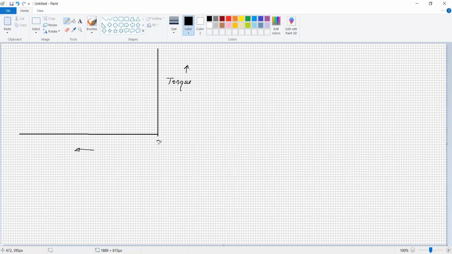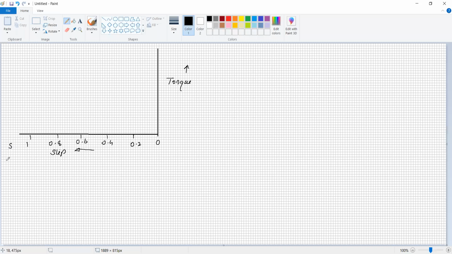Slip s is equal to 0, say 0.2, 0.4, 0.6, 0.8, and this is 1. So this is the value of slip in this direction.